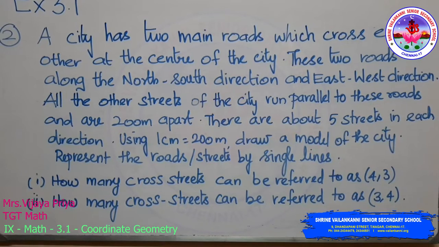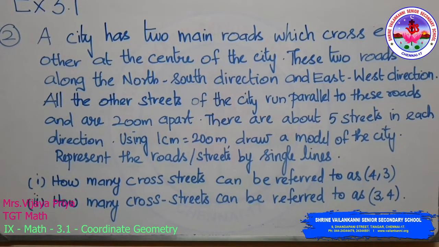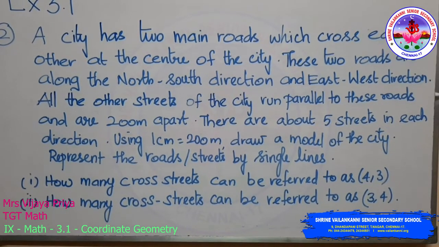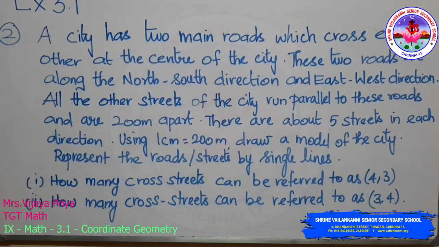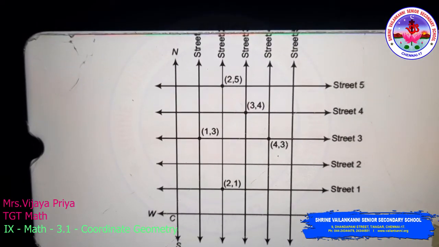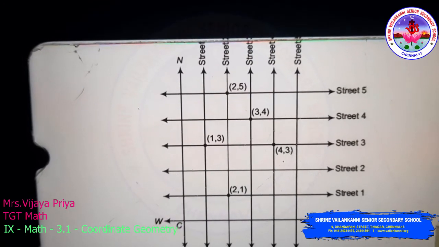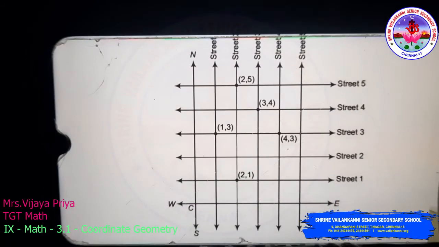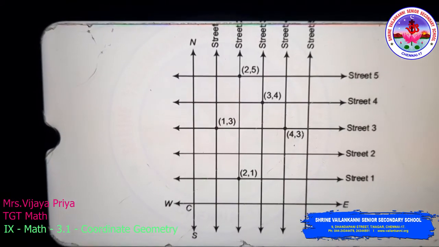So here we are going to draw the model and find the answer for the given question: how many cross streets can be referred to as 4, 3, and how many cross streets can be referred to as 3, 4? In the problem, he has given two main roads: one in the east-west direction, running horizontally, and the other in the north-south direction, running vertically.